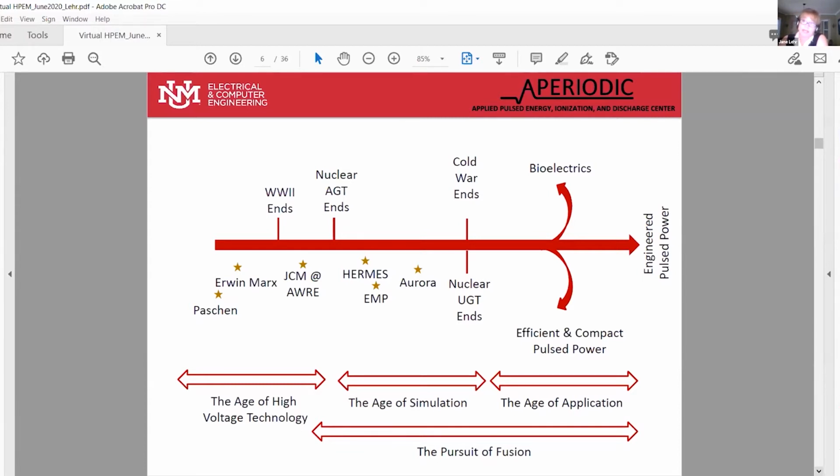That's really in addition to the businesses that are out there for simulation. You'll see at the bottom I put a line about the pursuit of fusion. That's sort of a joke, since fusion is always 50 more years away.